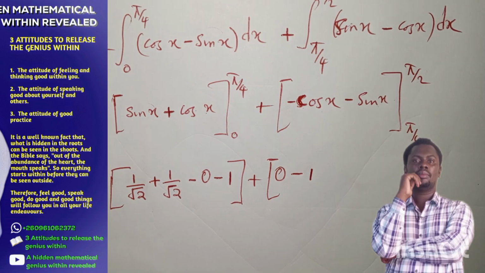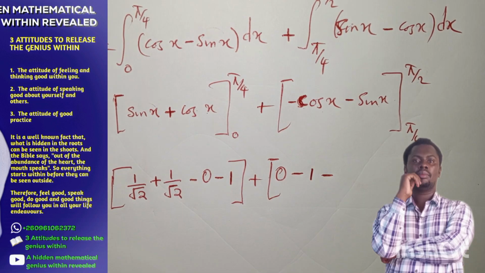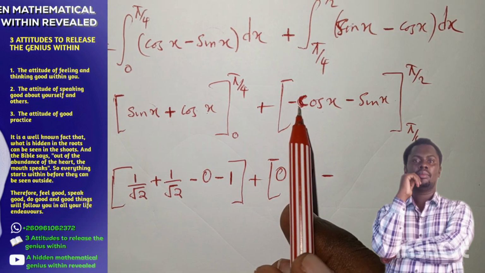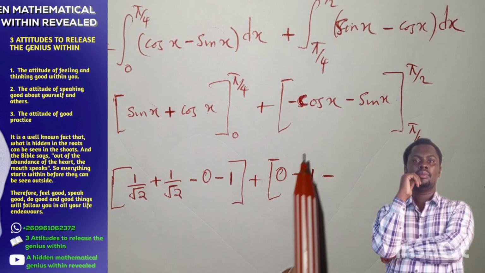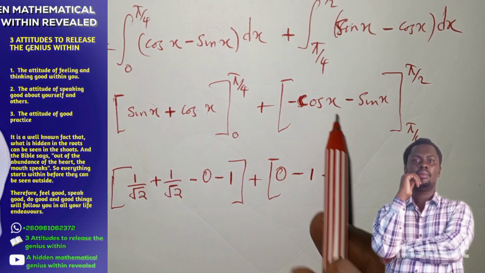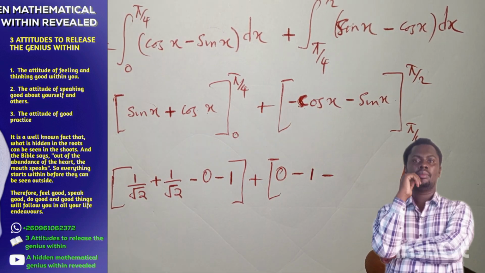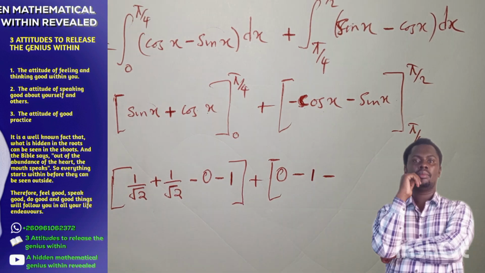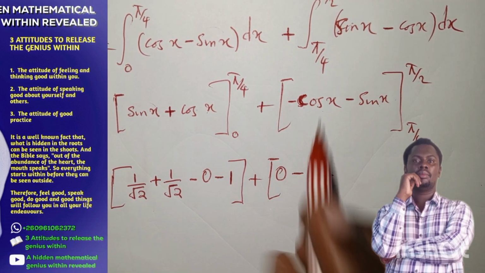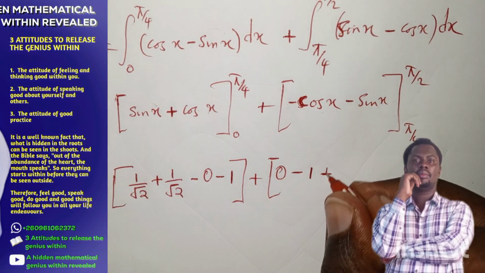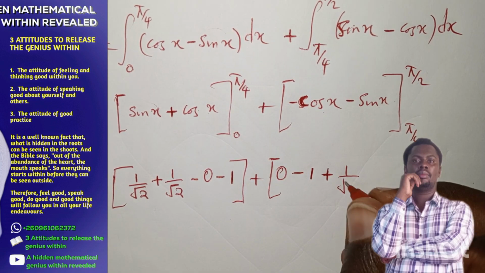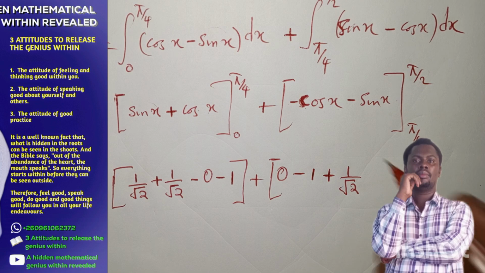So replace with pi over 4. So we have minus, this is minus cos pi over 4. So pi over 4, that is cos 45. So cos 45 is 1 over square root of 2. Now there is a minus here and a minus, so we're going to have a plus. So plus 1 over square root of 2.